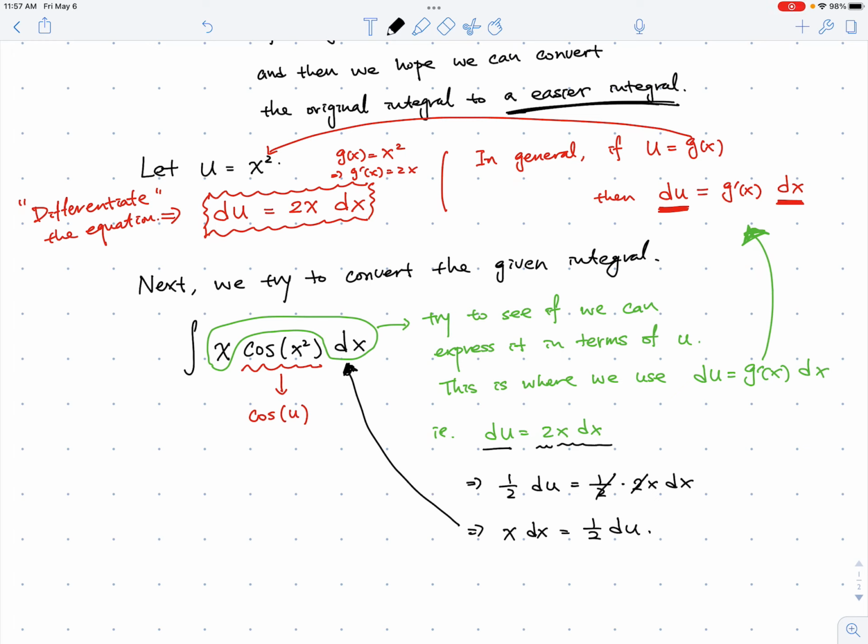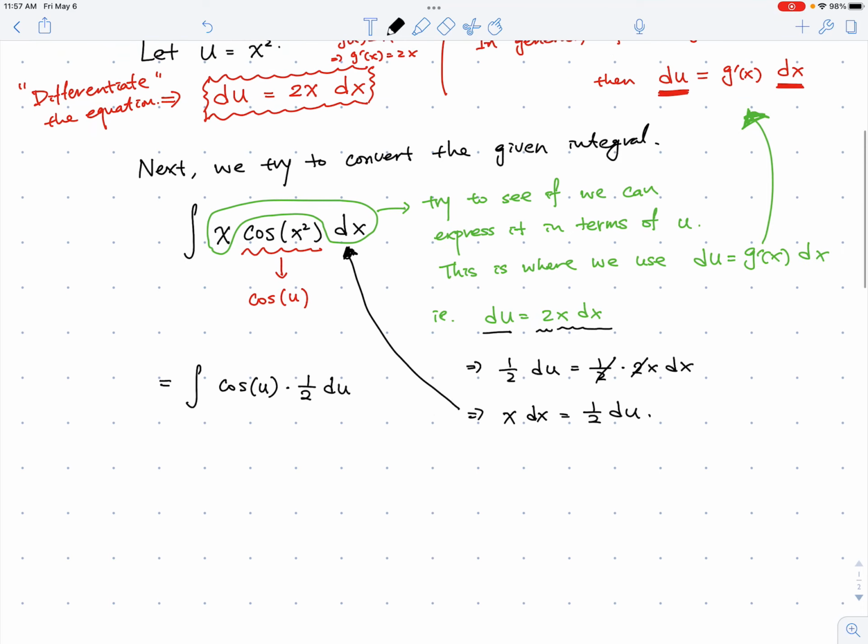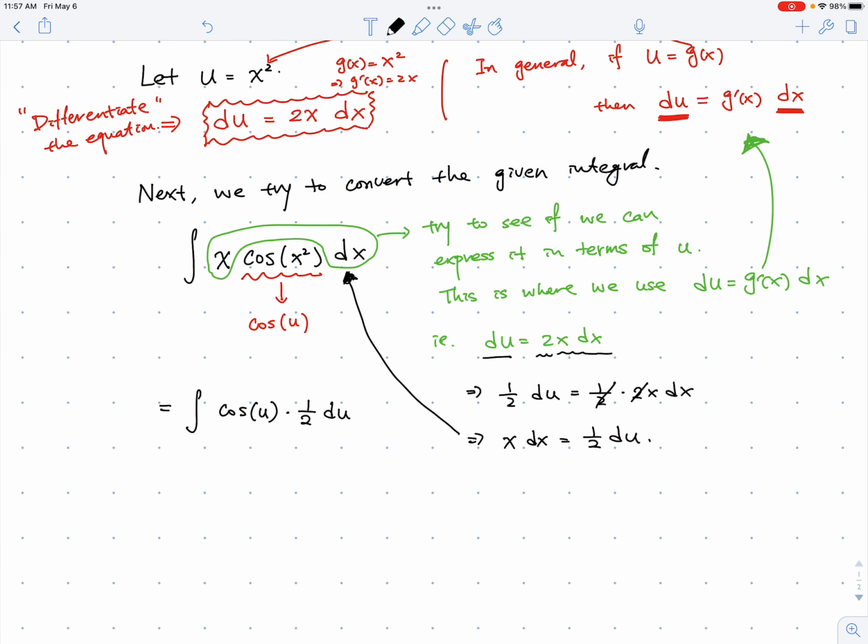So altogether this is equal to cosine of u times 1/2 du, because the remaining x dx is equal to 1/2 du. Now you have 1/2 cosine u du.